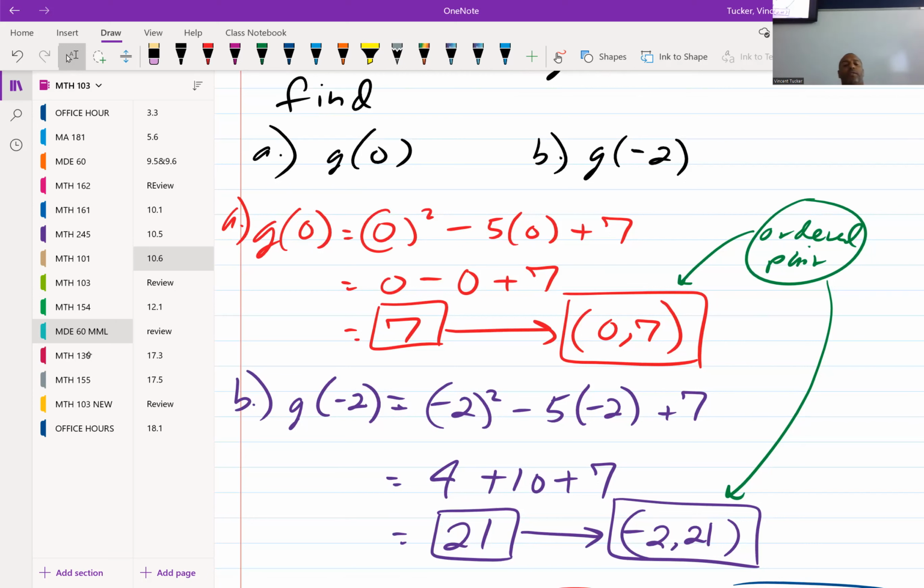So negative 2 squared is positive 4. Negative 5 times negative 2 is 10. Still got a 7 back there. 4 plus 10 plus 7 is 21.